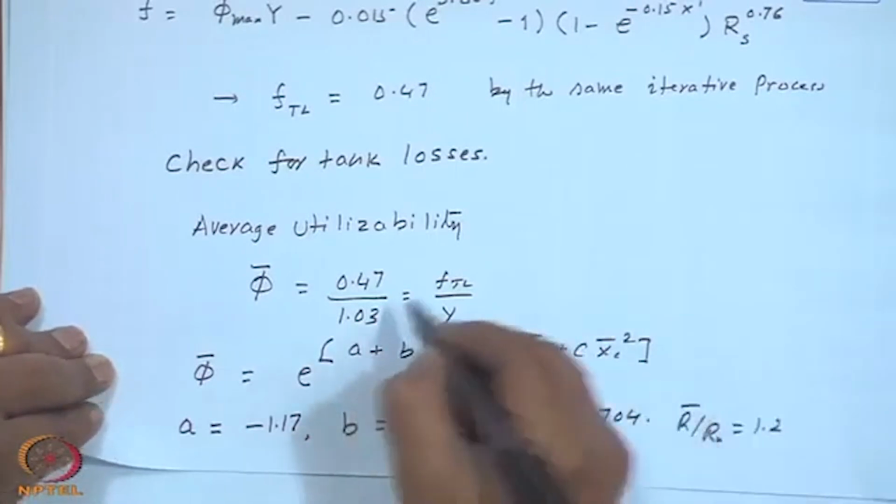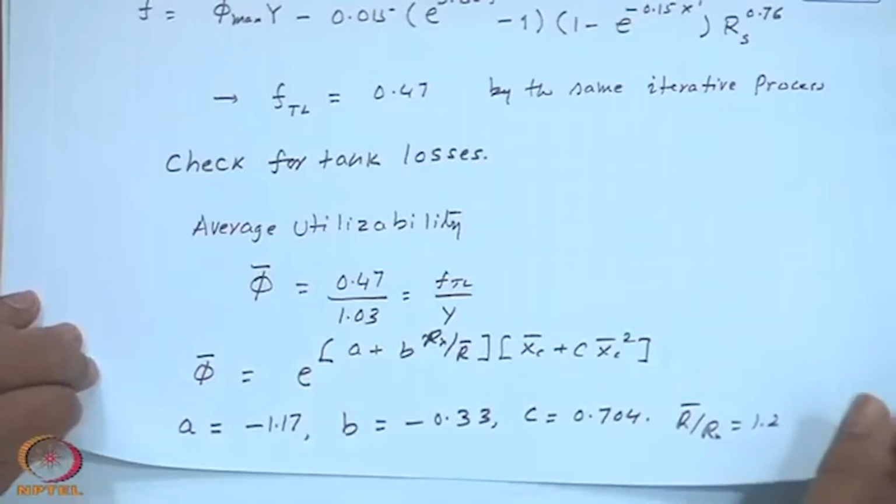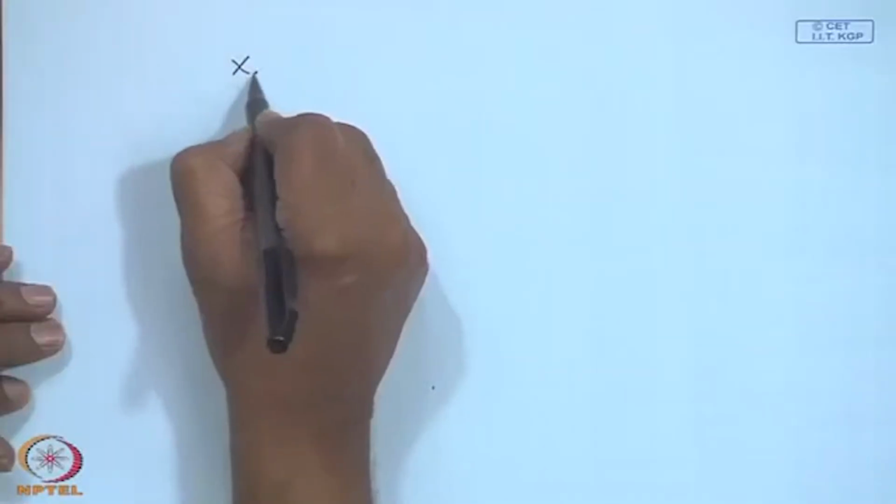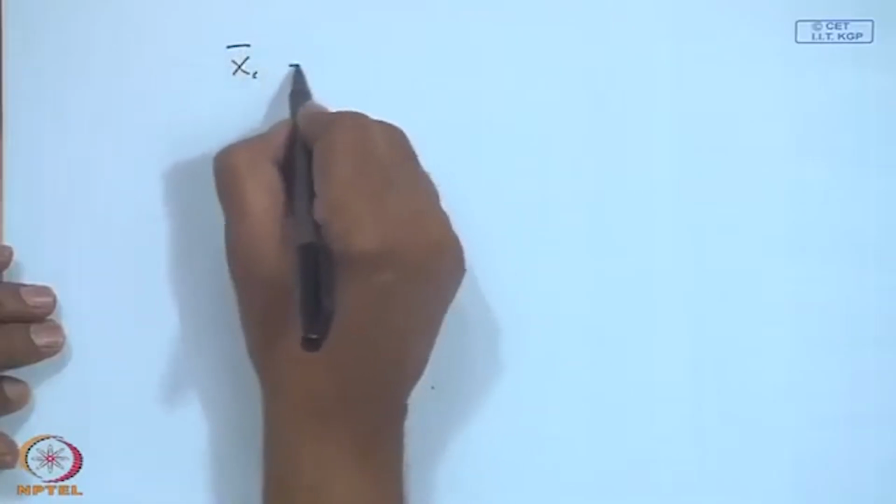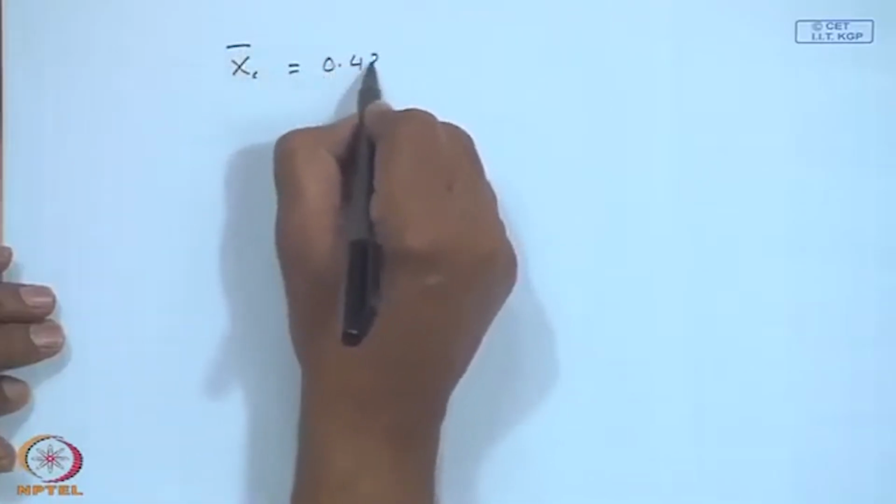So, from this number, whatever number I have, I put it down here, and you can back calculate x c bar, which turns out to be 0.42.